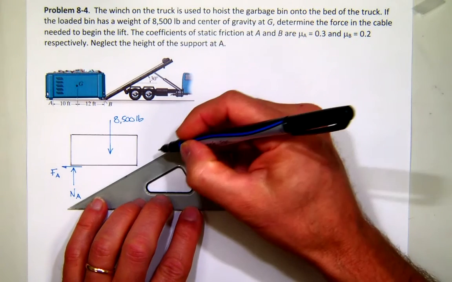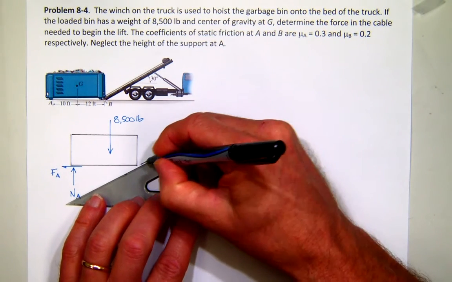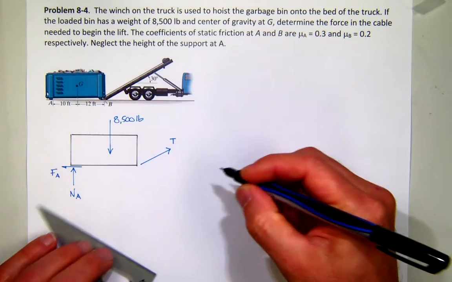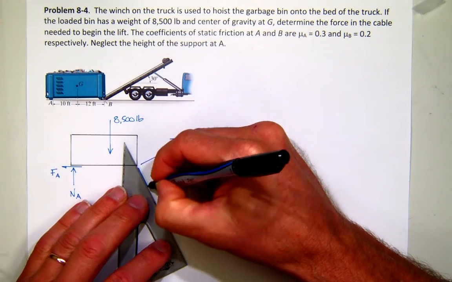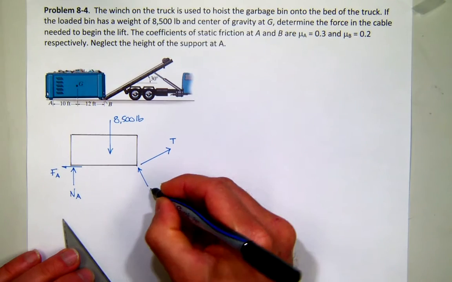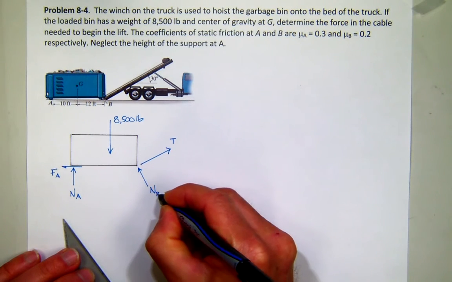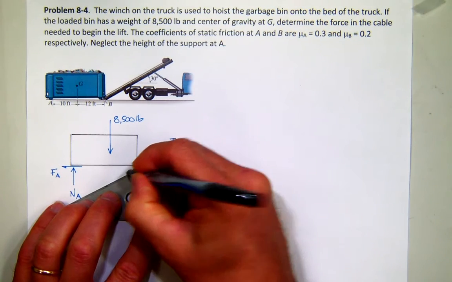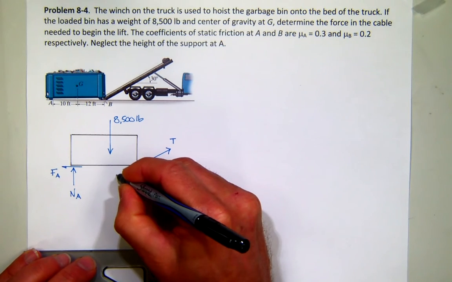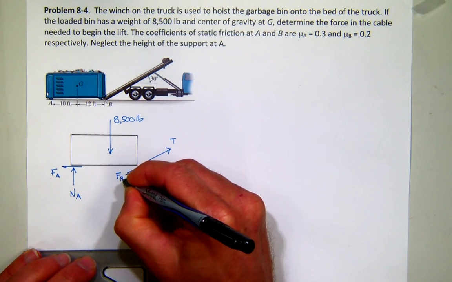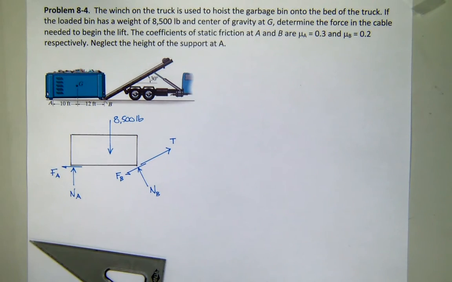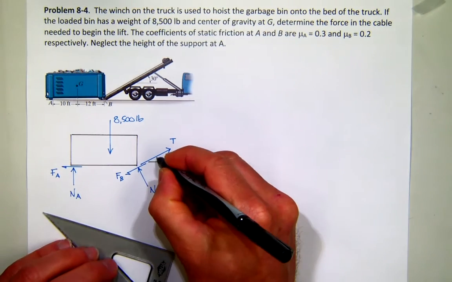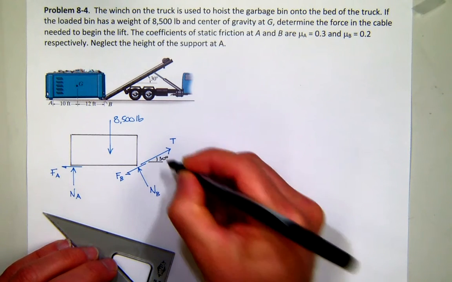Now at B, the whole thing rotates. So at first, I'm going to have my tension force in the cable. I'm going to have this normal force at B, and I'm going to have a friction force at B. And this is 30 degrees.